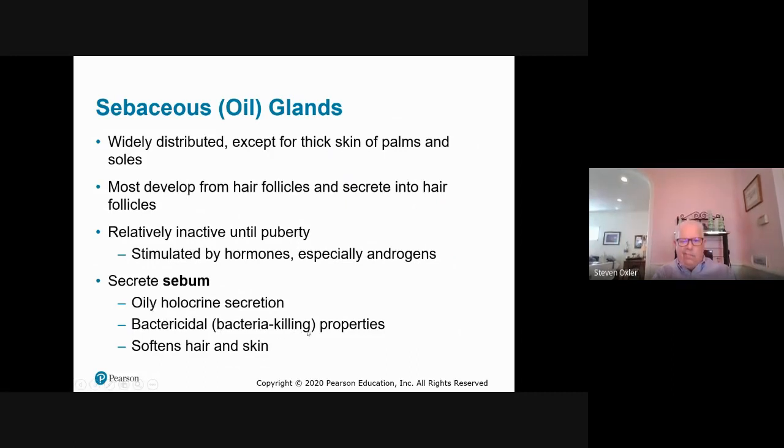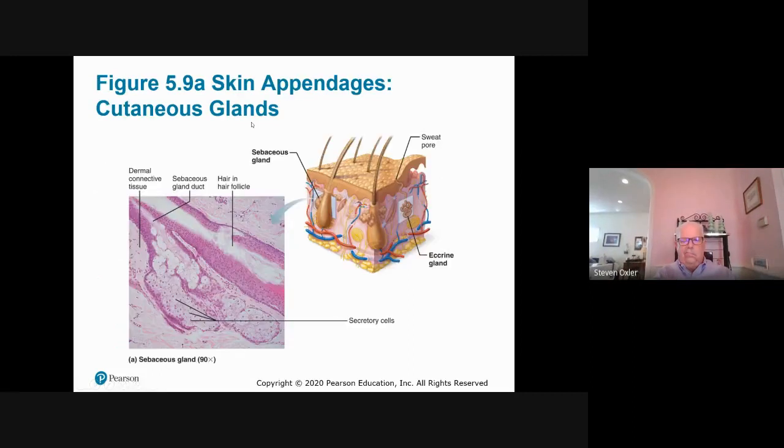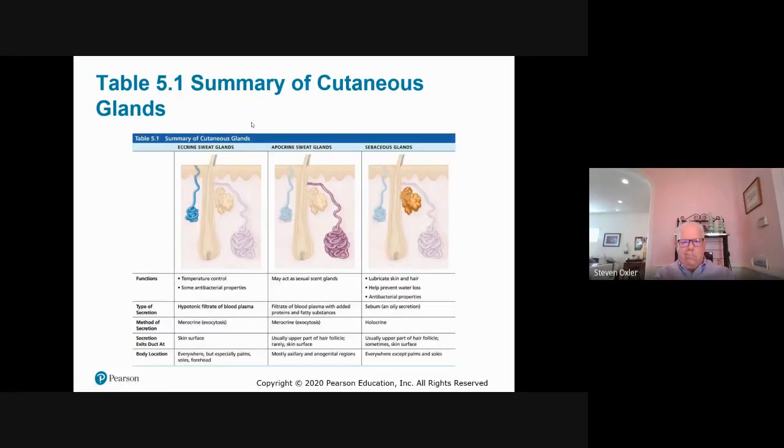Not only does it kill bacteria, but it softens your hair and your skin. Sebum produced by sebaceous oil glands. This is a nice review. You should look at this review. I think I took a few questions on exam number 2 from this slide.